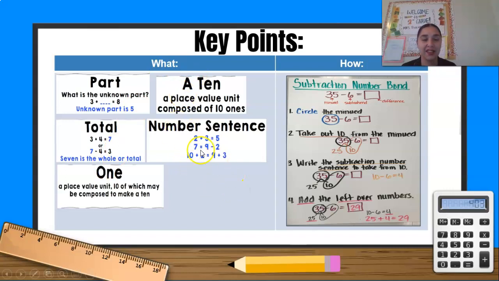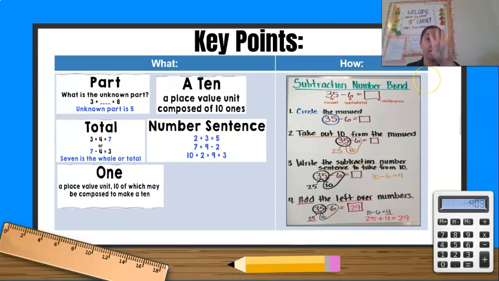And number sentences, boys and girls. And how can we subtract using a number sentence? And we're going to talk about the steps of a subtraction number bond. Well, the problem that I have right now is 35 minus 6, and then the equal sign, and then the answer is called the difference. So minuend minus subtrahend gives you the difference.